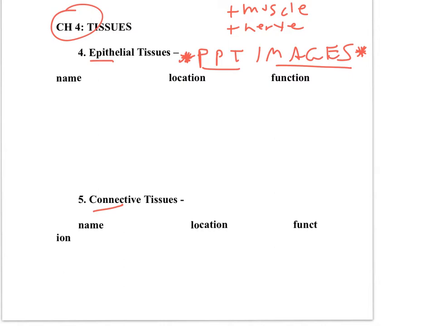There were 6 subclasses of epithelial tissue. Simple squamous. Simple cuboidal. Simple columnar.